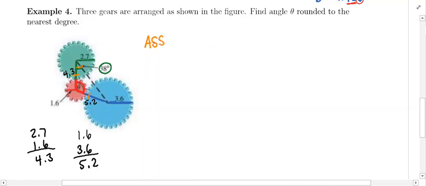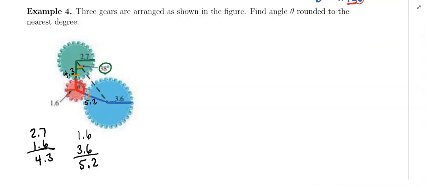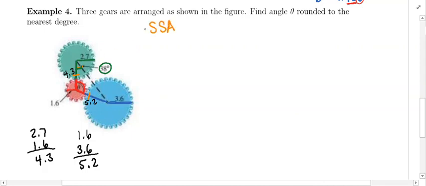So that's our favorite word that keeps coming up, and remember, we don't use that bad word. We go backwards. So you can say I have a side, a side, and an angle, so this is side, side, angle. This is going to be law of sines, because it is not all sides and it's not SAS.